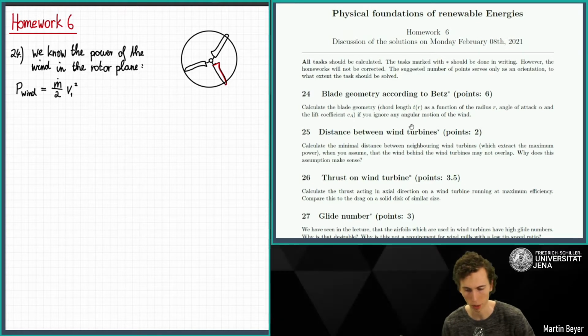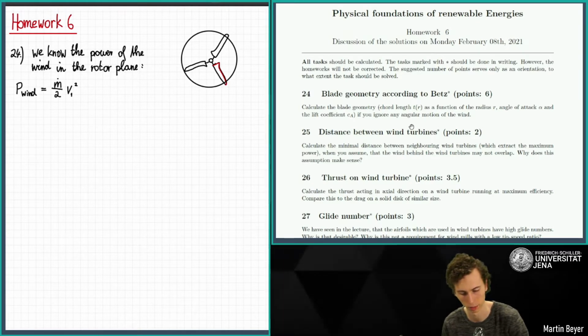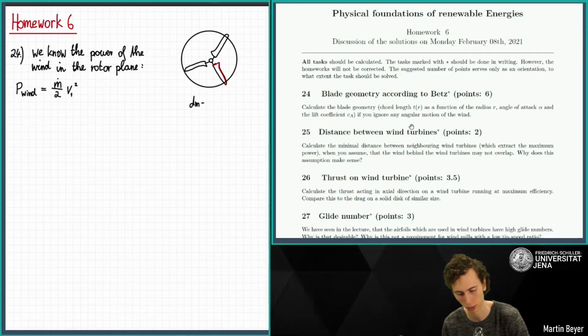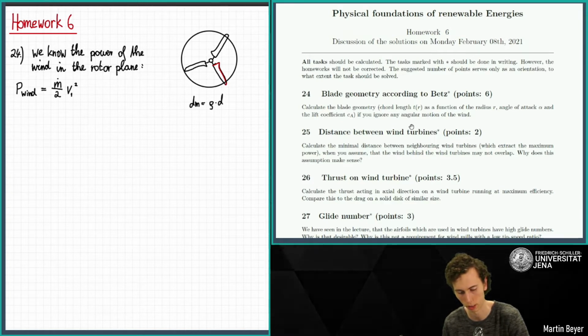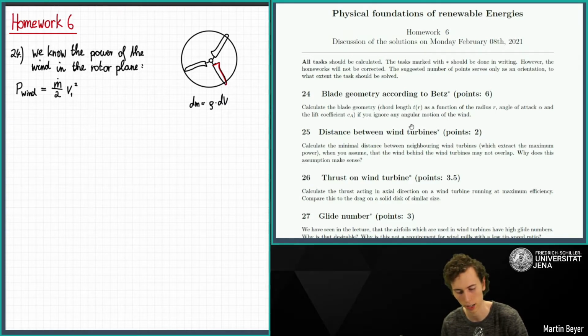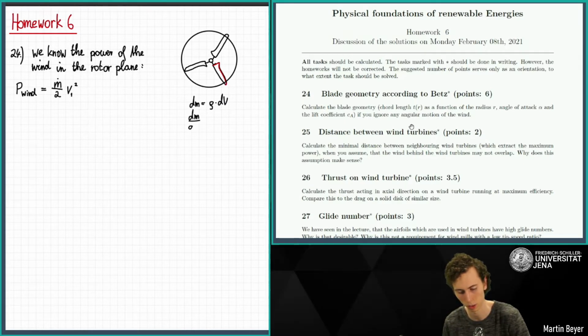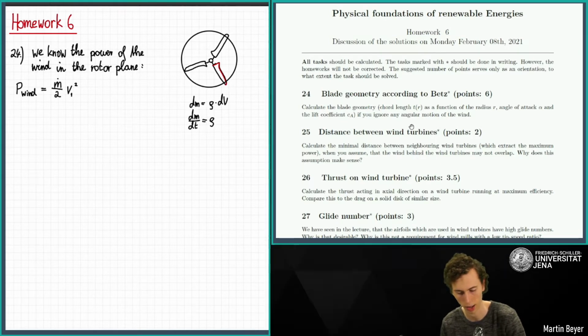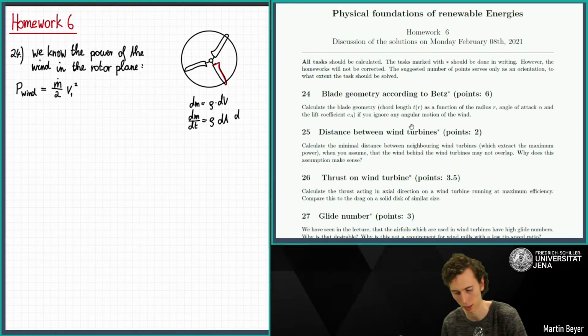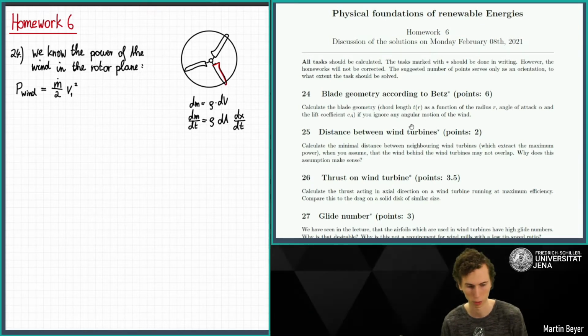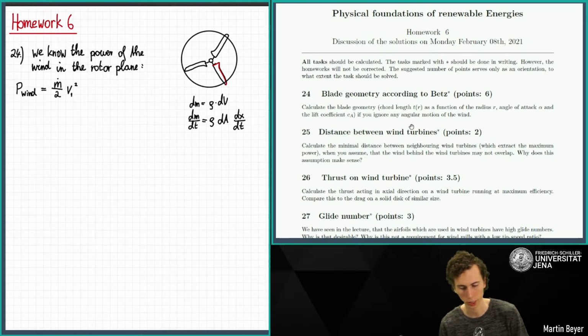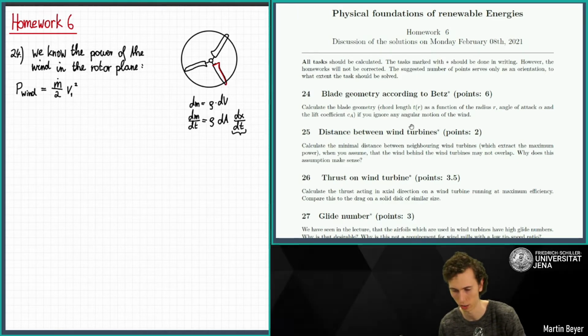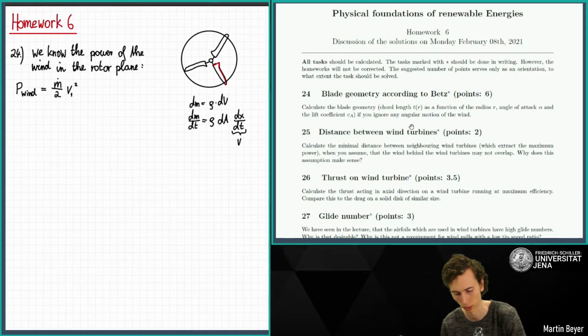So this is our power, and using dm is equal to rho times the volume, we can write the time derivative of m as rho times the area and the distance in the wind direction as a derivative with respect to time. So we can see this is just the velocity v1.